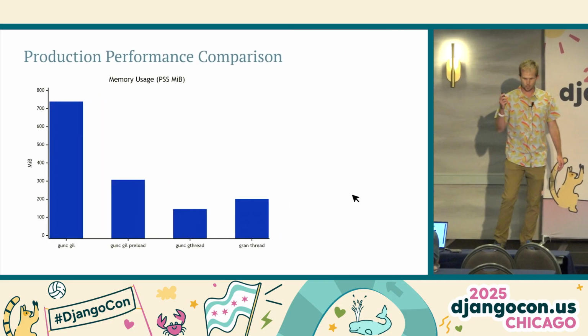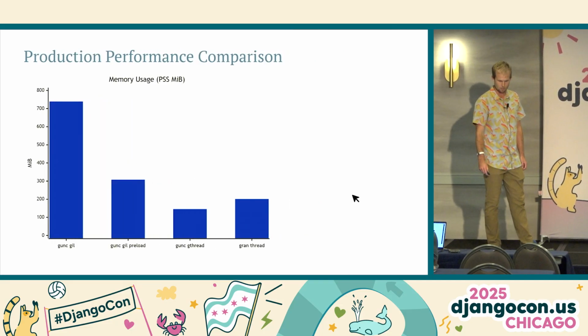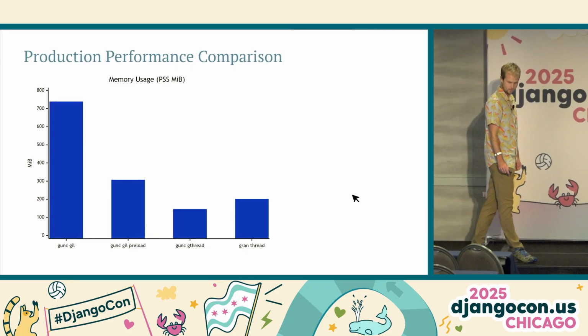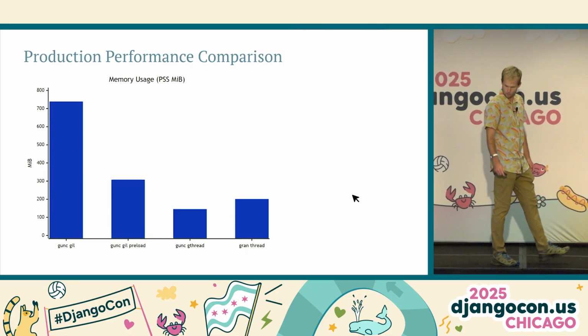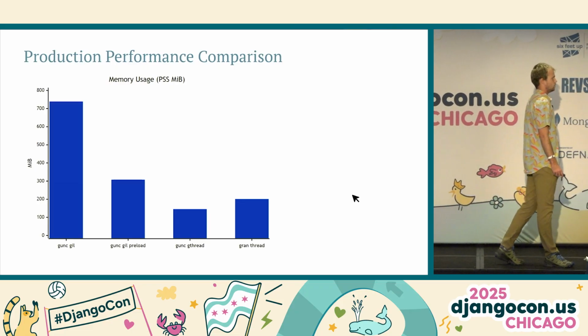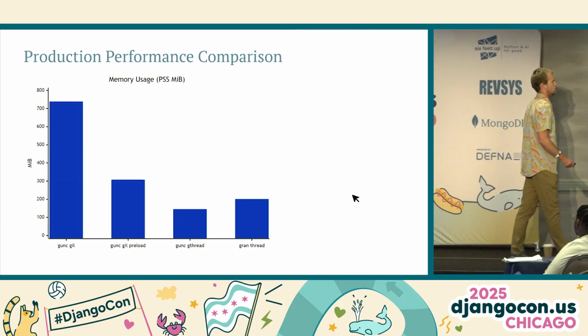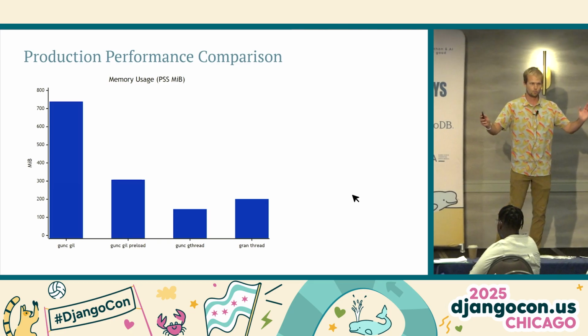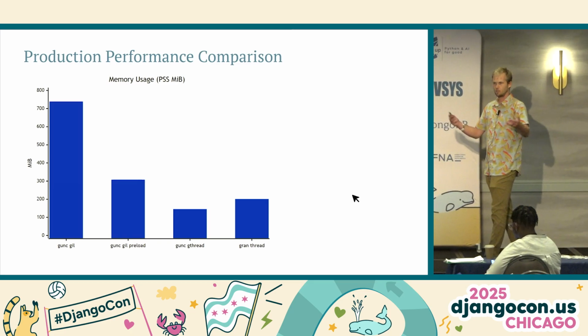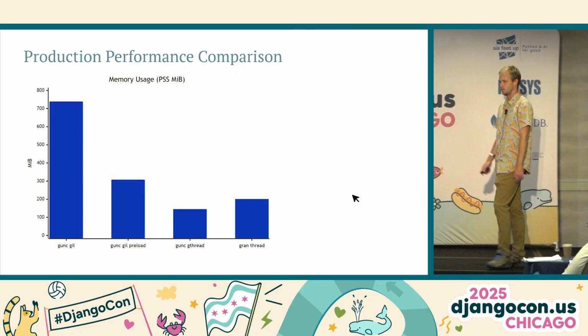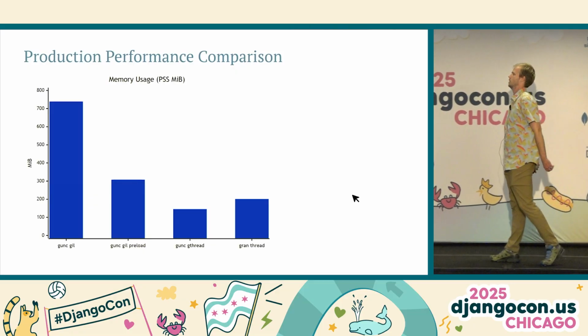Where the difference gets interesting, and sorry it's a little hard to see, bottom left is GUnicorn. The one after that is GUnicorn with preloading, and then the right 2 are threads. GUnicorn running in gthread mode with just 16 threads has significantly less memory usage than if you're using a bunch of processes, and you would expect that because the operating system's doing a much heavier process.